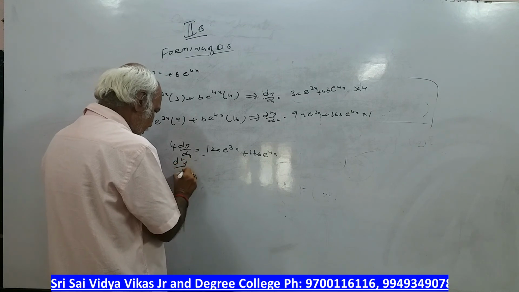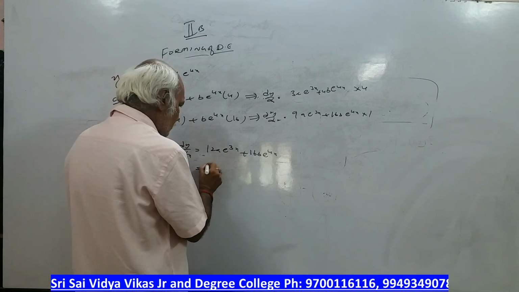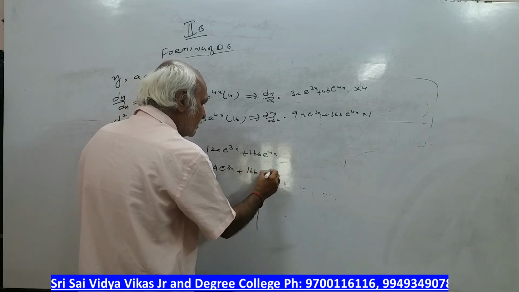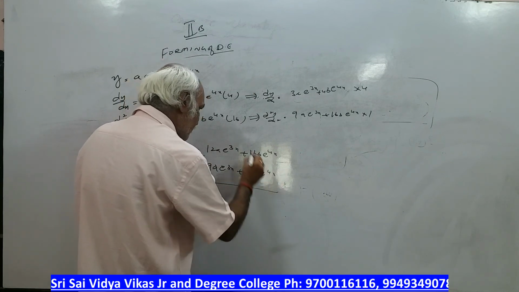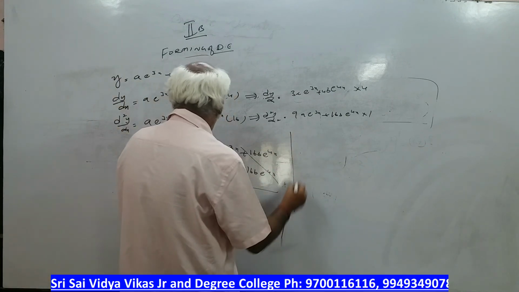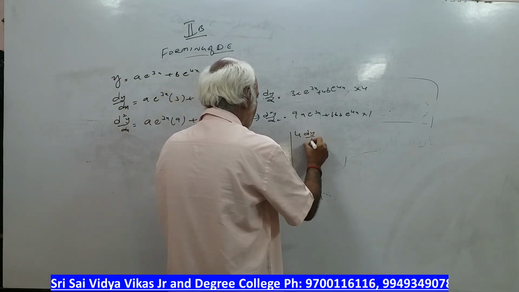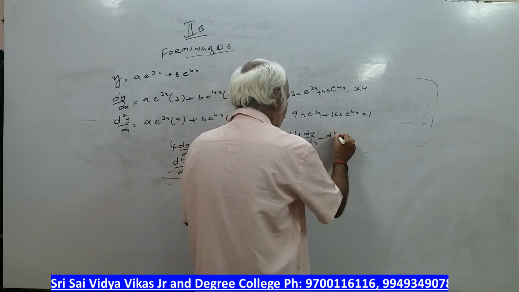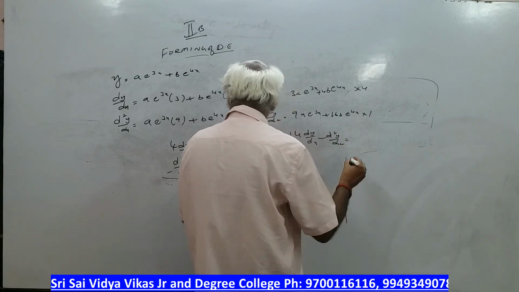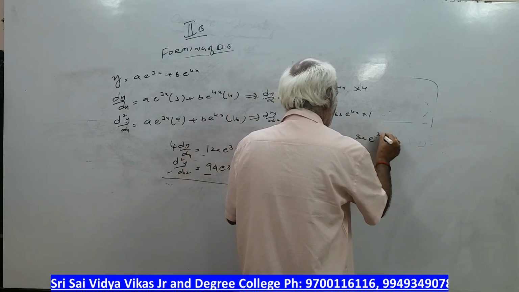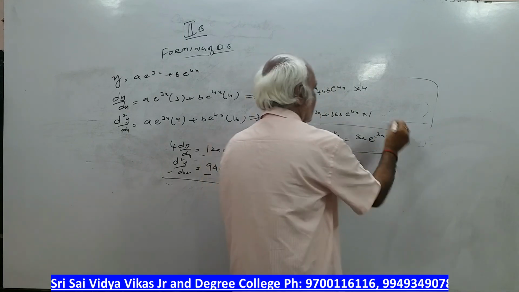So d²y/dx² is equal to 9a e^(3x) plus 16b e^(4x). Subtract. This will get cancelled. So I am writing here, d²y/dx² minus 4 dy/dx is equal to minus 3a e^(3x). Right? This is the differential equation.